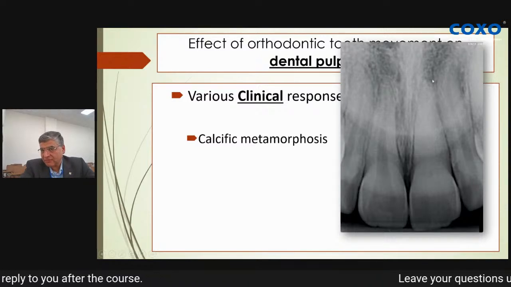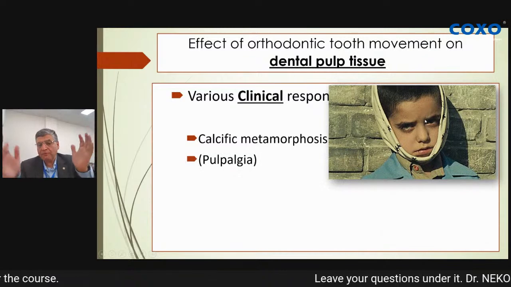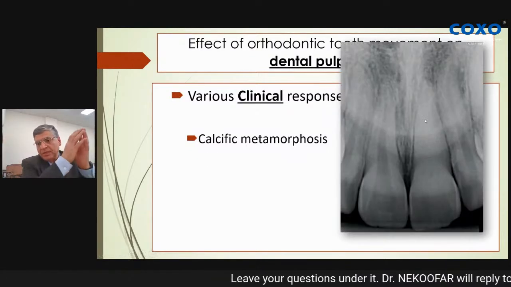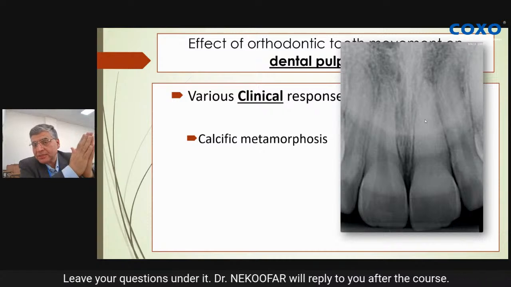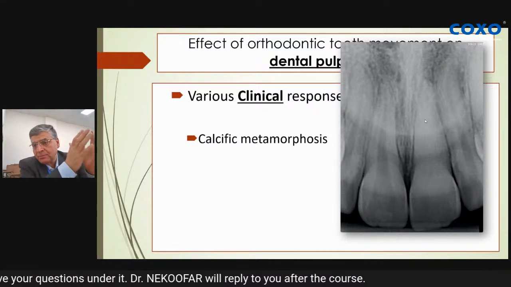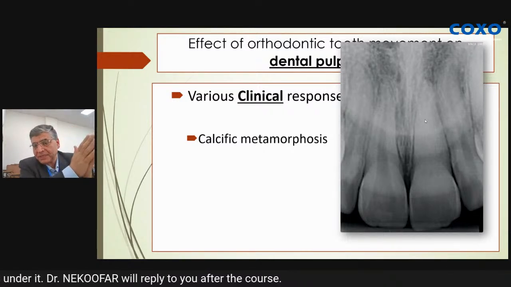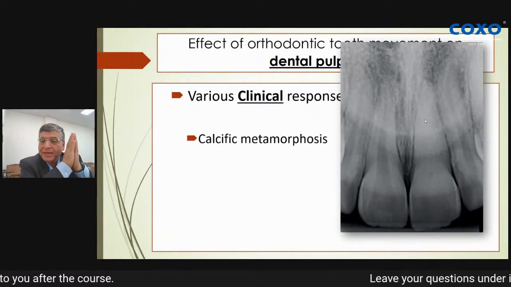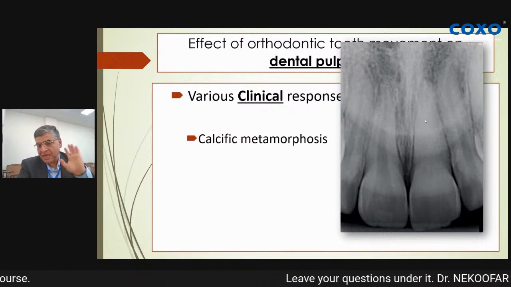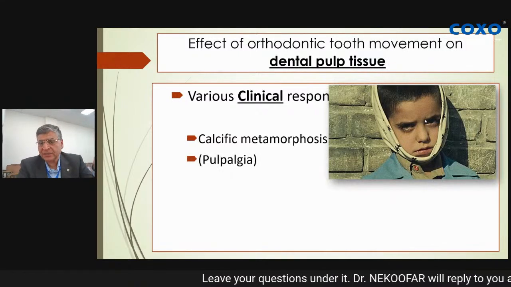However, when we have calcific metamorphosis, it seems that the whole root canal system is obliterated by calcium or calcific deposits. And it is almost impossible to negotiate the root canal system if root canal treatment is necessary.